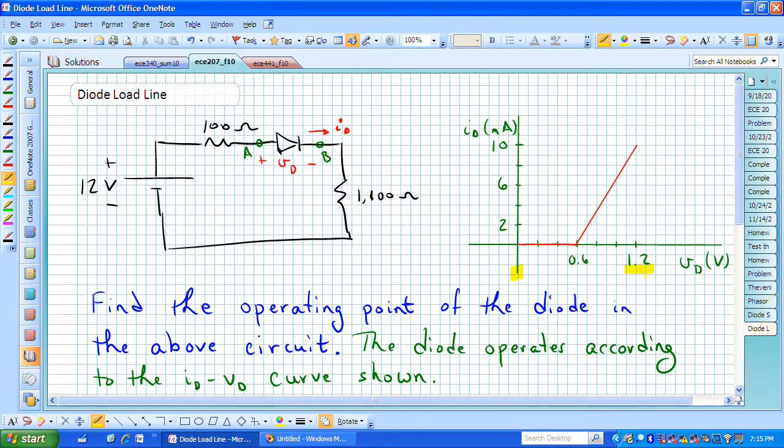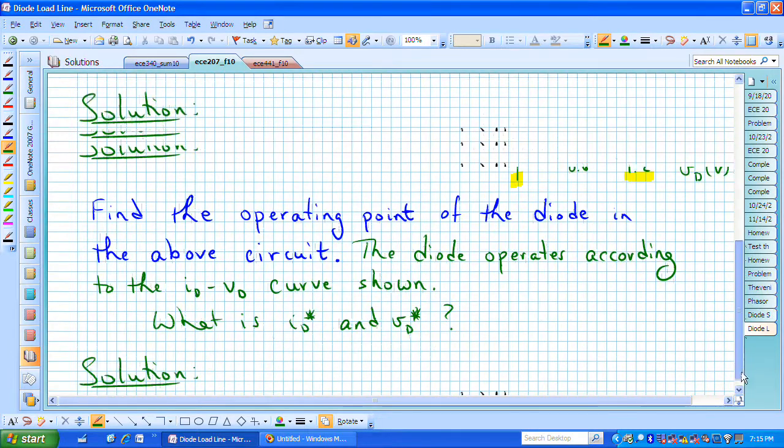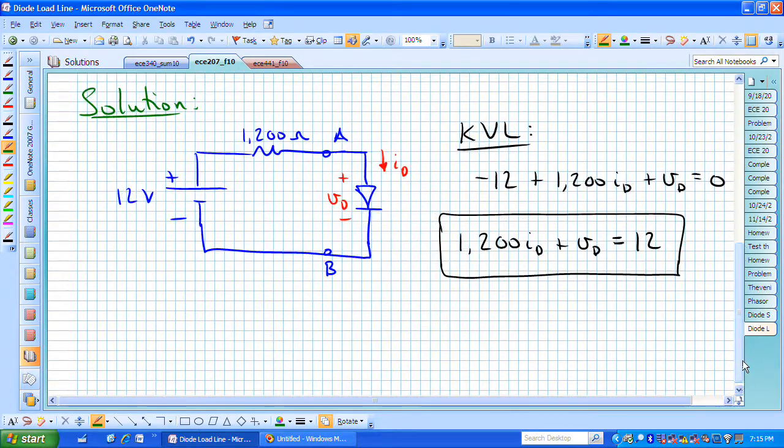The voltage values we want to look at would be a voltage of 0 and a voltage of 1.2, and that will give us two equations in these two unknowns, and we'll be able to sketch a straight line that satisfies this governing linear relationship between the current I sub D and the voltage V sub D of this generic two-terminal device.